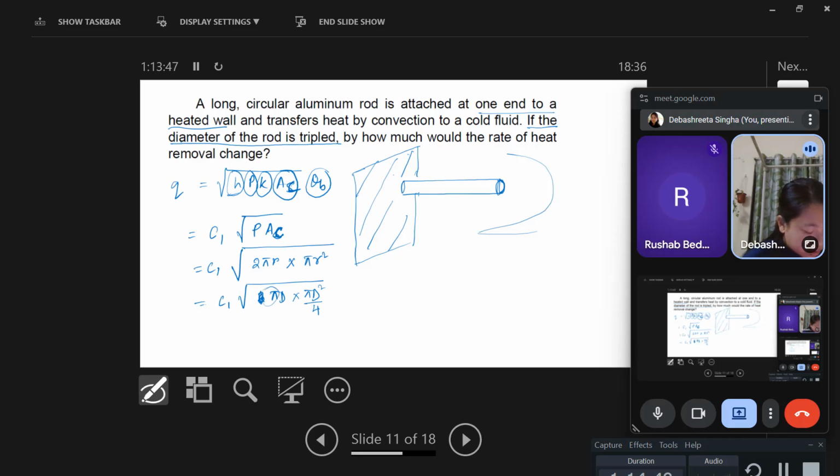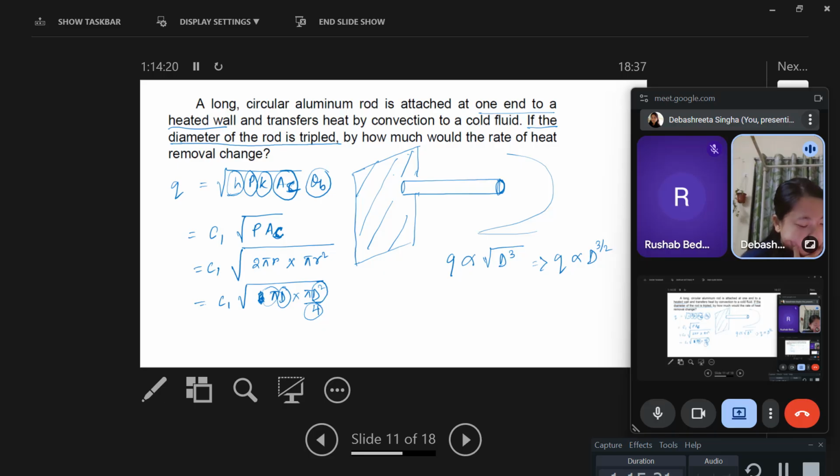So pi is constant, 4 is also constant, so we can write it as proportional to root over of pi d cube. This d and this d square become d cube, and there is a root over, so you can write d to the power 3 by 2. So Q is proportional to d to the power 3 by 2.